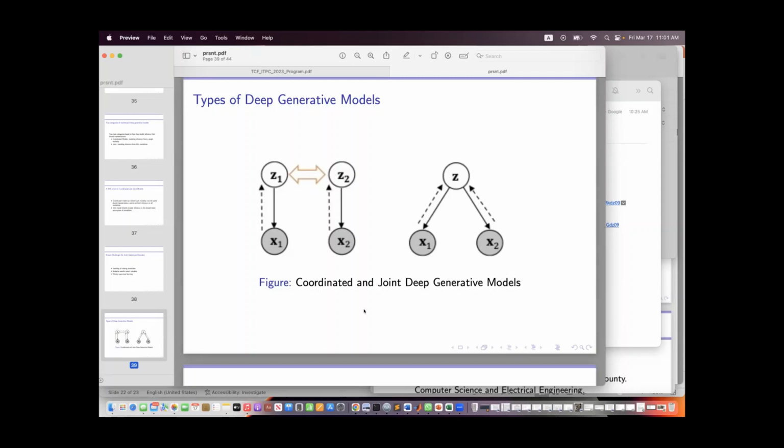On the other hand, in a joint VAE, or a variational autoencoder, you would use both X1 and X2, which is the figure on the right. You would actually use both X1 and X2 to come up with a latent representation.